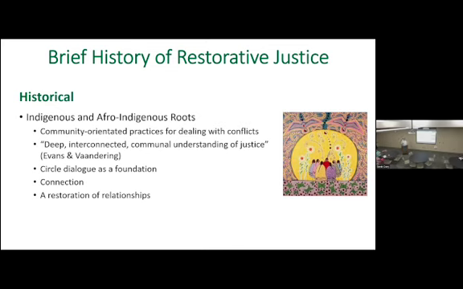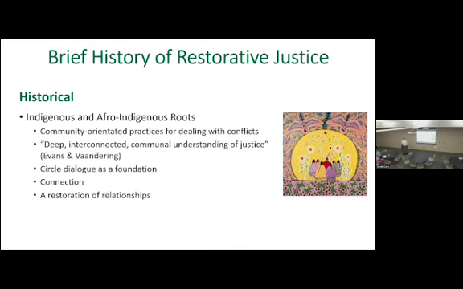And so as conflicts would arise in these cultures, bringing people together to tell their story, to listen deeply, and to talk deeply in a circle in a very egalitarian structure is a deep part of that. And so circle was a big part of that foundation, and really about connection and about restoring relationships.